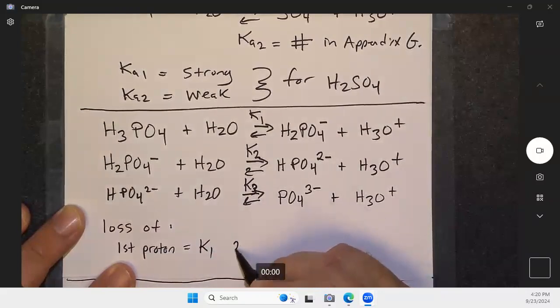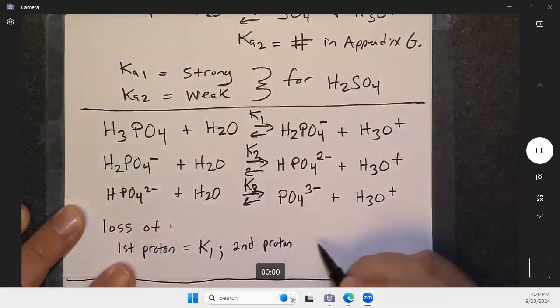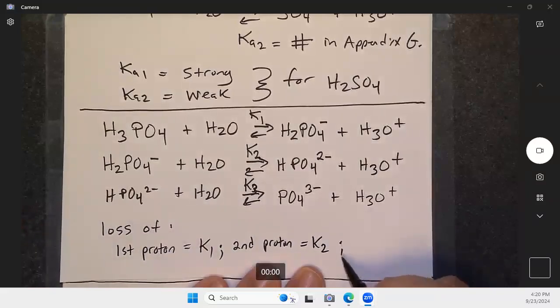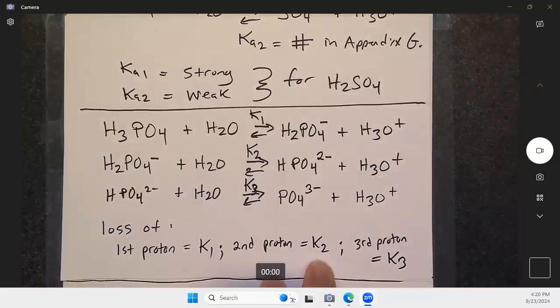Loss of the second proton is K2, and loss of the third proton is K3.